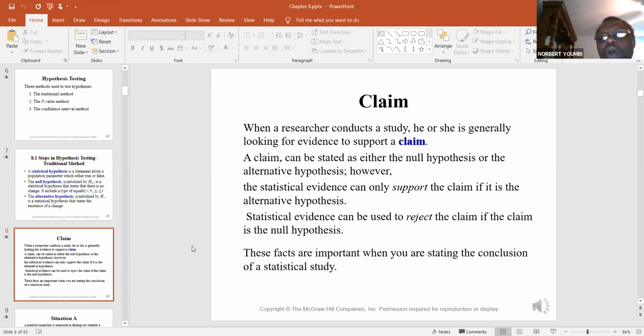The decision is always made about the null hypothesis, either to reject the null hypothesis or not to reject it. But the conclusion is about the claim. Based on the decision, we may decide either to support or not to support the claim, if it is the alternative hypothesis, or to reject or not to reject the claim, if it is the null hypothesis. As we go on, we are going to do examples that will help you understand better.